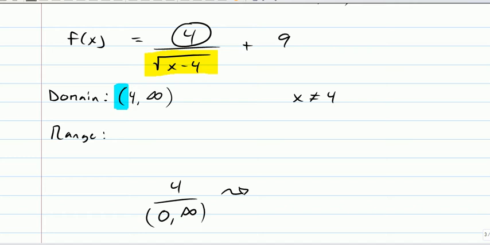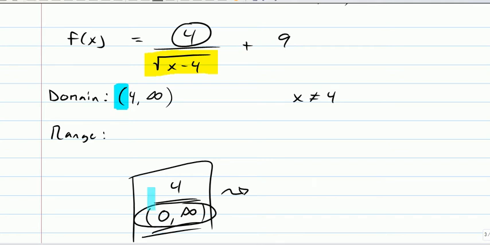Will you get really big outputs? Sure. There are really small numbers in here, like 0.000000001. 4 divided by that is really huge. So it's possible to make this thing really big, just pick really, really small values in here. It's also possible to make it really, really small. If you pick the bigger numbers in this interval, 4 divided by really big numbers is really small.